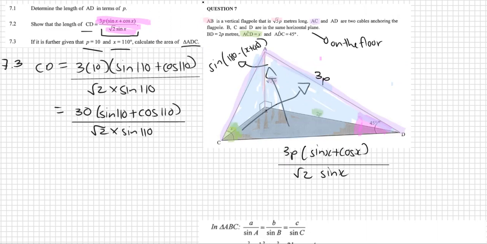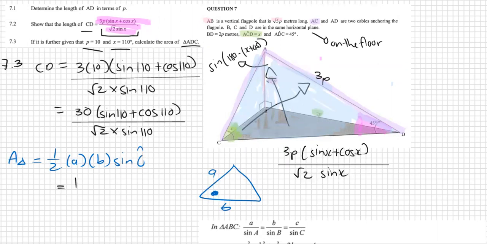So we're looking at this front triangle and it wants the area. So we know it's a non-90 degrees triangle, and the area then is a half times A times B times sine of the angle C, where C is the angle sandwiched between the side lengths A and B. So that's the area of a triangle that doesn't have a 90 degrees angle in it. So what we are using would be a half.